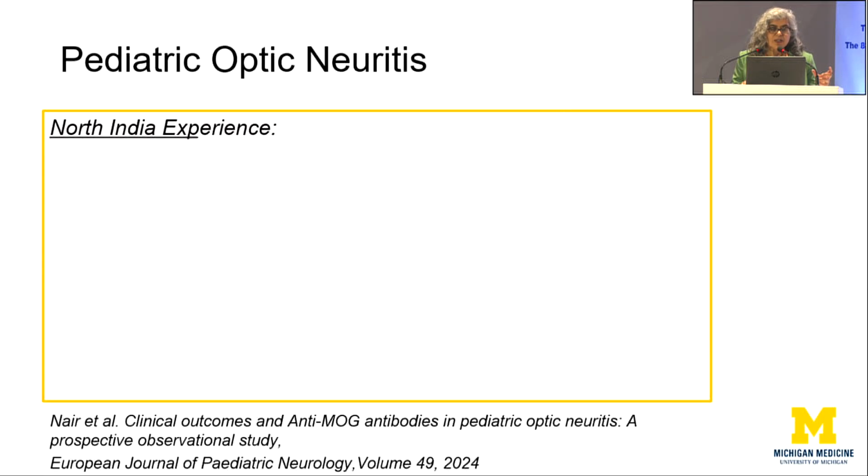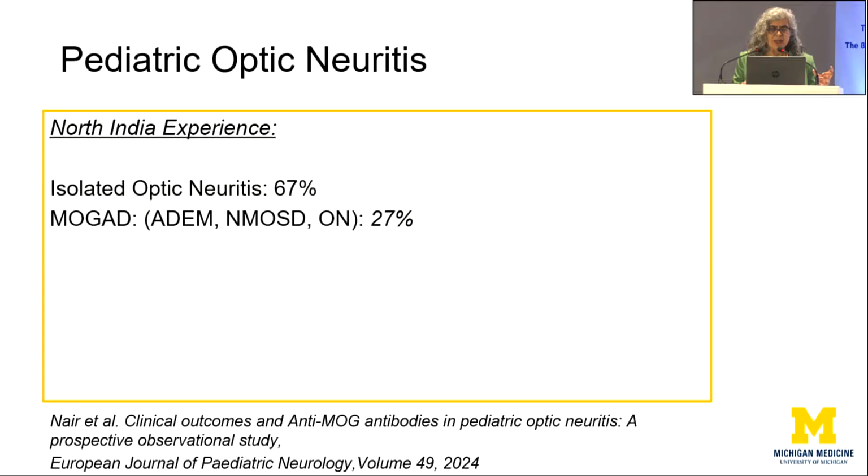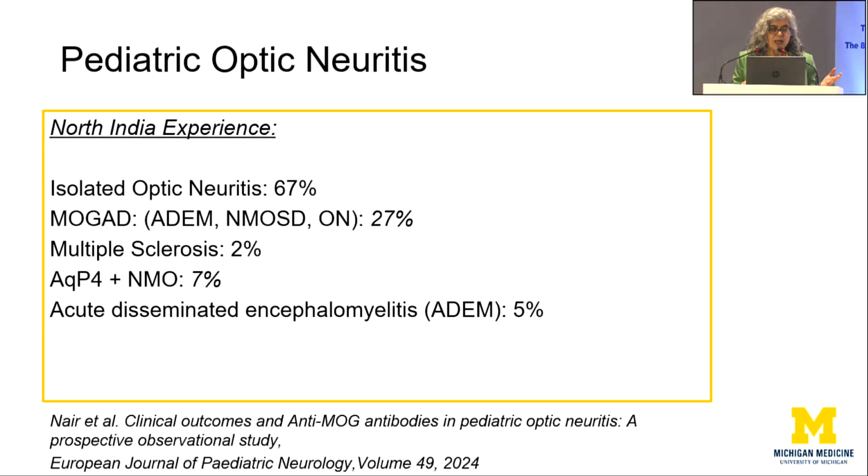There is North India literature from 2024 which had a similar 67% isolated optic neuritis. MOGAD was about 27%, so it's a similar incidence in India. Multiple sclerosis was less, and there was a little bit more aquaporin 4 than in North America, and ADEM was about the same.